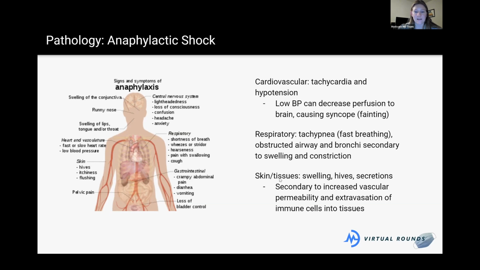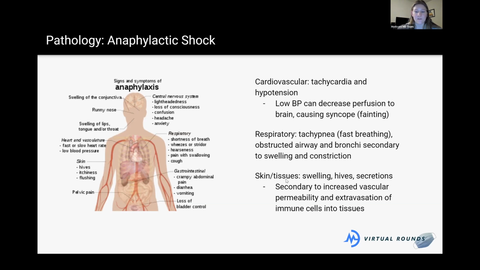And then lastly, for your skin and your tissues, you can get swelling and hives, sometimes secretions in your GI tract, and that's secondary to increased vascular permeability. Normally your blood vessels have a nice seal on them, and they're not going to let a lot of fluid leak out into the rest of your tissue.